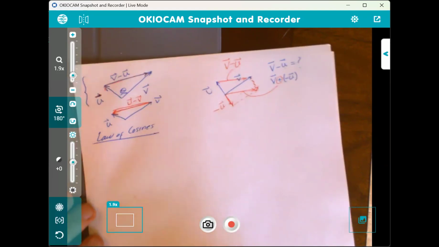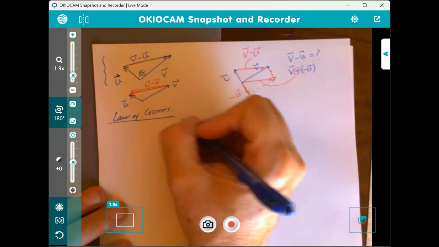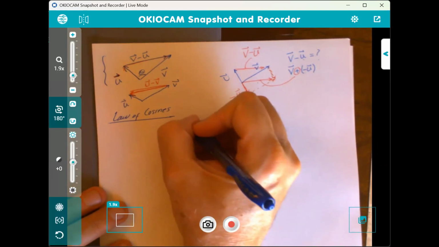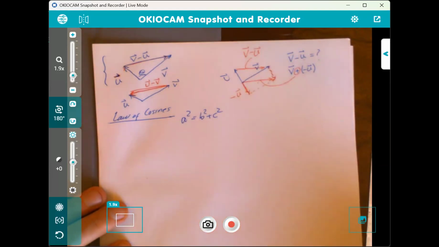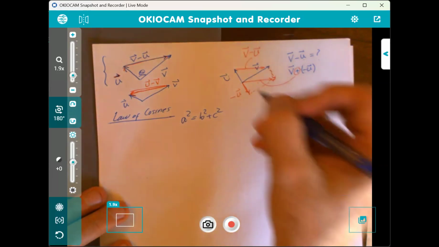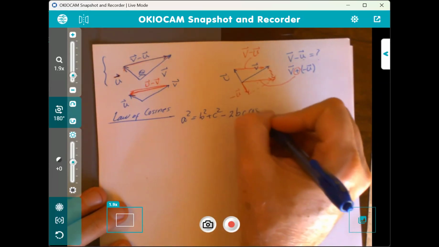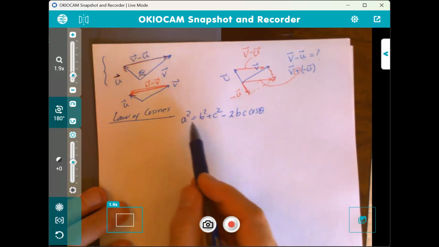The law of cosines goes like this: a squared equals b squared plus c squared, negative twice bc cosine of included angle theta. Hopefully this resonates with most of you. Okay, that's the law of cosines.